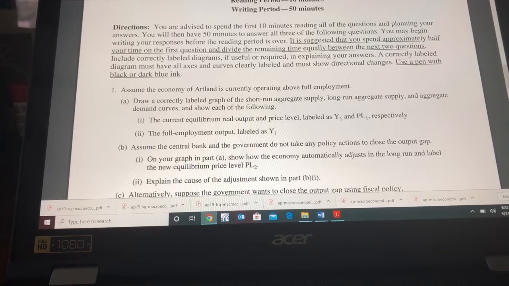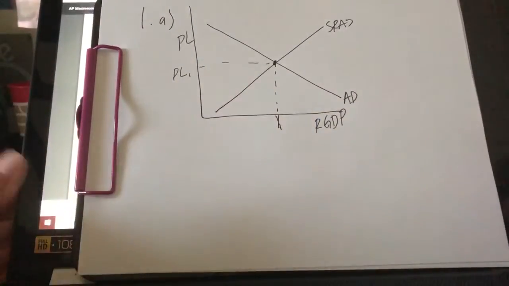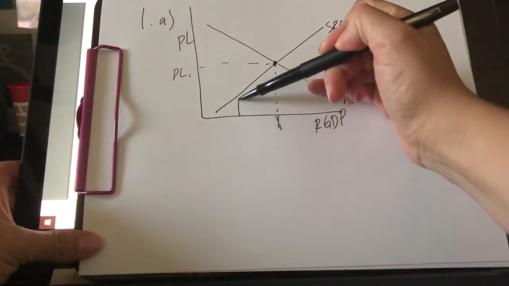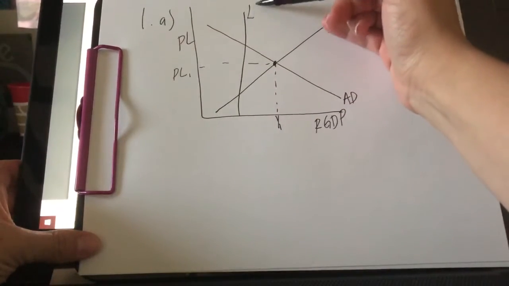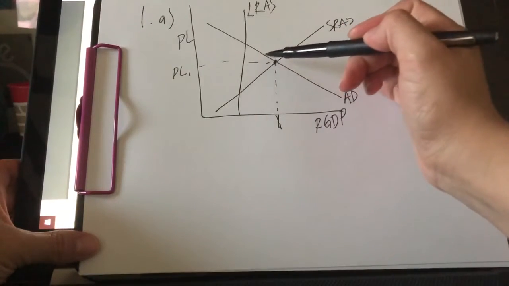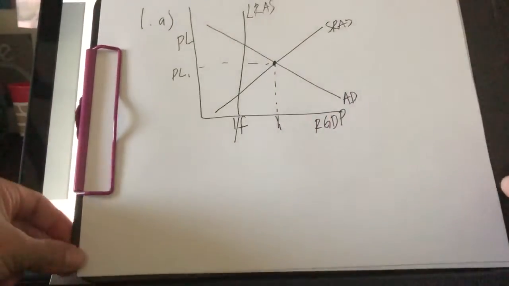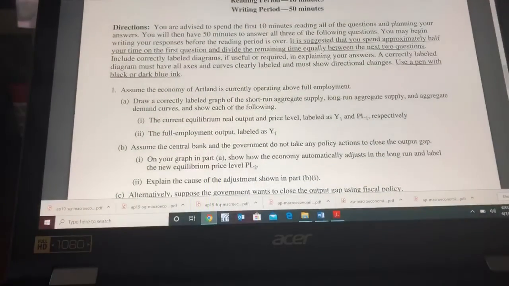So for part 2, all I need to label is YF to show full employment. So I know that if I'm going to put YF here, I'm going to have my long run on this side, right? Because now this gives me that expansionary gap, and I'm going to label that YF. Great. I've just done part 1, and I've got myself 2 points.